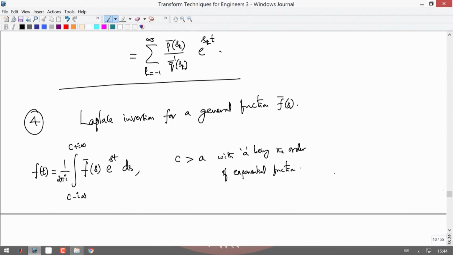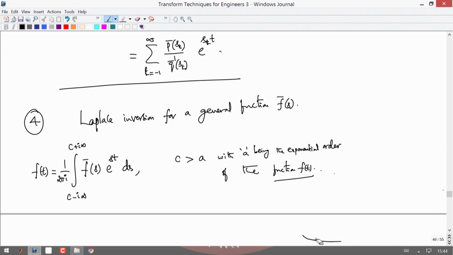Given f bar of s, if it is a Laplace transform, the inverse function f of t is 1 by 2 pi i times the integral from c minus i infinity to c plus i infinity of f bar of s e power st ds, where c is bigger than a, with a being the exponential order of the function f of t.